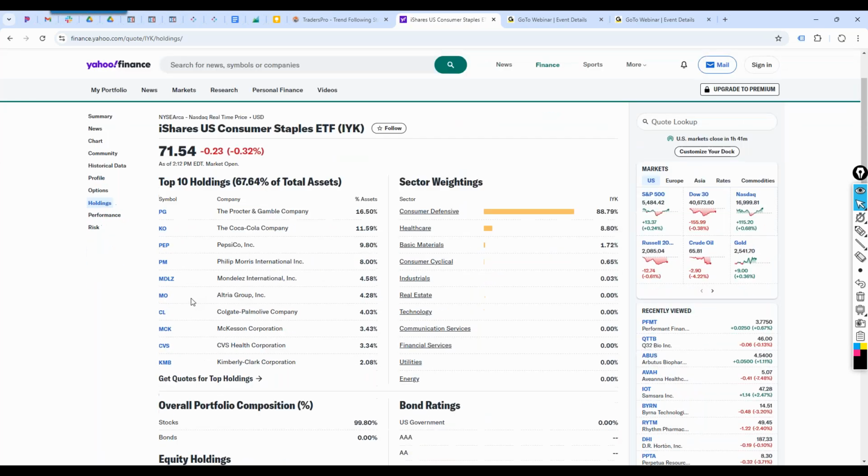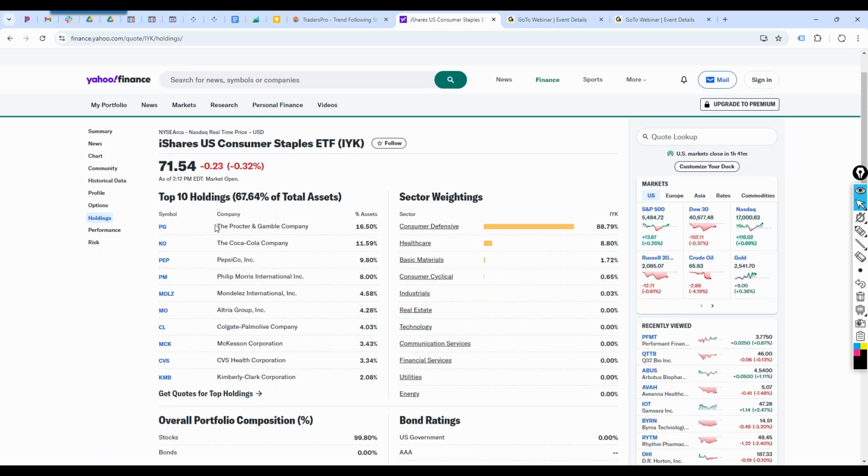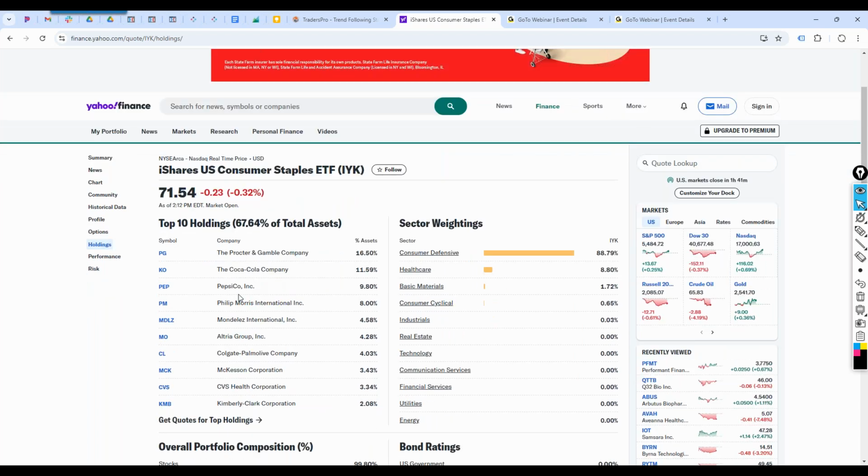We go over to holdings and say, all right, these consumer staple stocks, that's your Procter & Gamble's, Coca-Cola, Pepsi, Philip Morris, Altria, Colgate, Kimberly-Clark. You got your toilet paper, cigarettes, toothbrushes, Pepsi, and soda pop. Okay, so when things slow down, we've got to have toilet paper, Pepsi, and toothbrushes and soap. And a cigarette to calm our nerves.